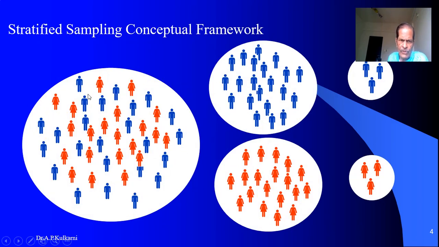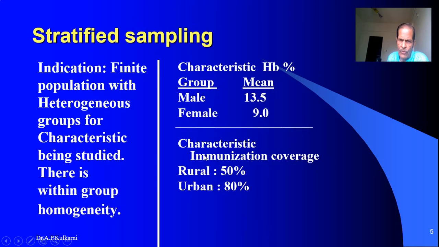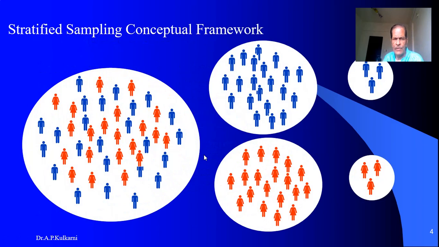We have a population, and herein we have a prior knowledge that this particular population has two heterogeneous groups, that is the males and the females. These exist in any population.